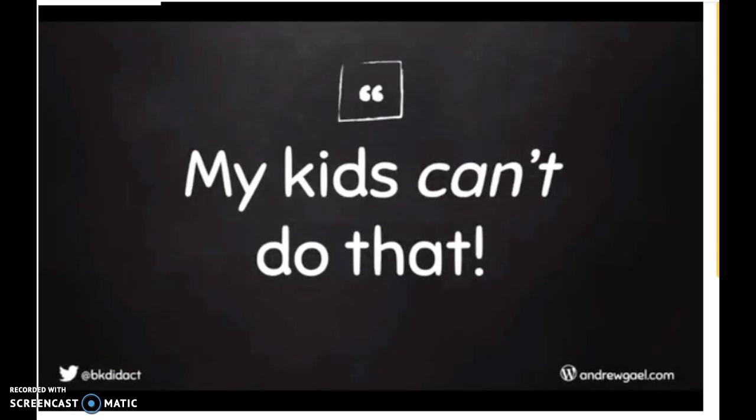Now let's get back to this quote, "My kids can't do that." Given what we know of language disorders and what we know of the conceptual basis for CGI, I would imagine that more than just a few of you are thinking, my kids can't do that, especially if you're teaching students with significant cognitive delays. I would imagine that even if you're not saying it, some of you are thinking it.